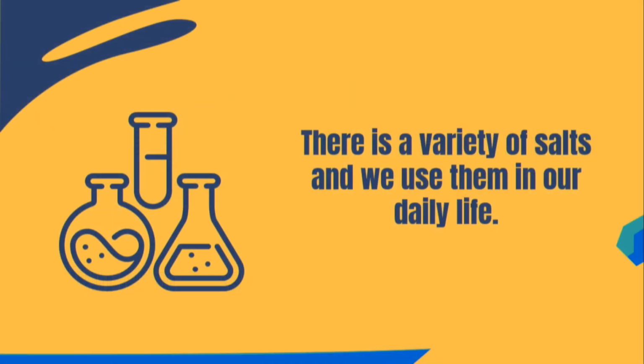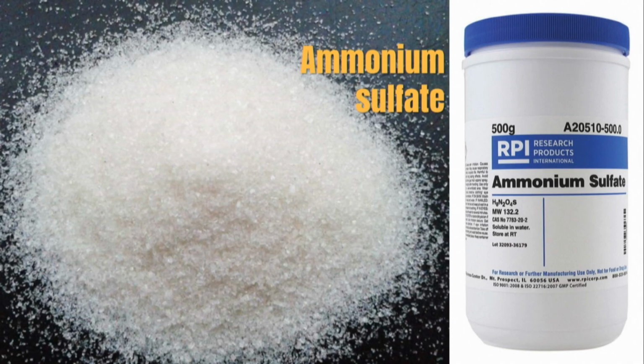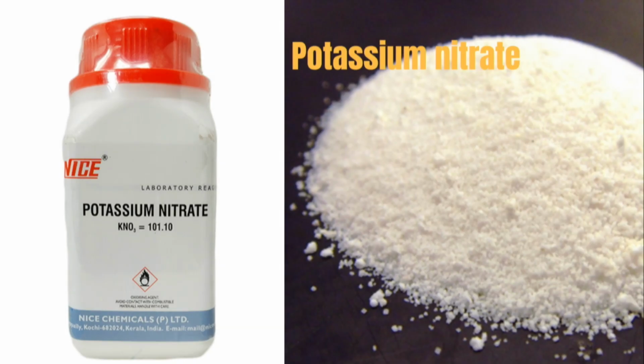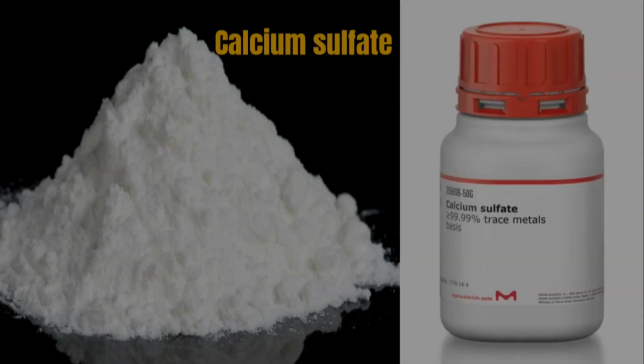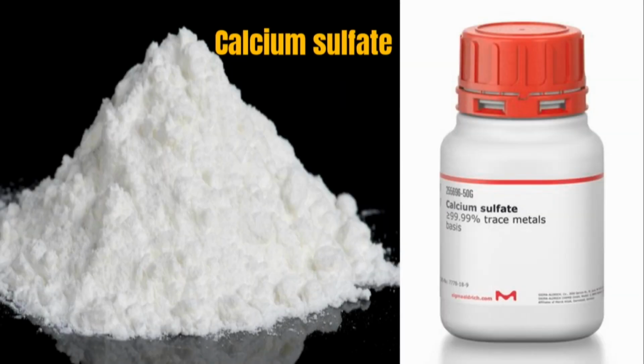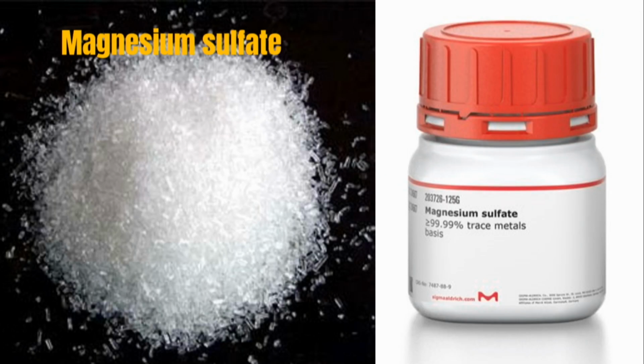Well, we have a variety of salts and we use them in our daily life. Some other examples of salt include ammonium sulfate, potassium nitrate, calcium sulfate, and magnesium sulfate.